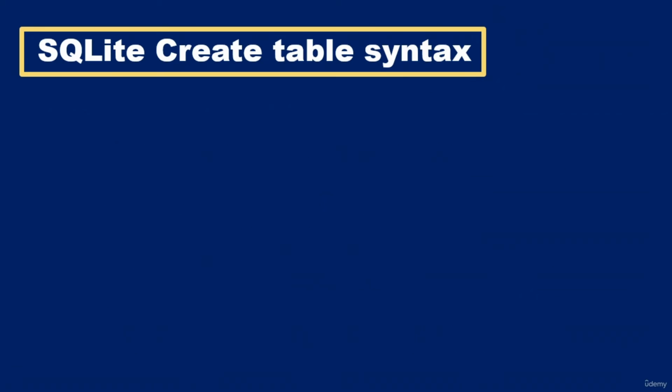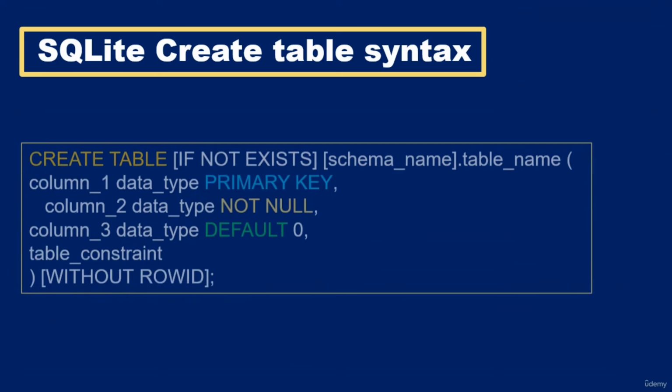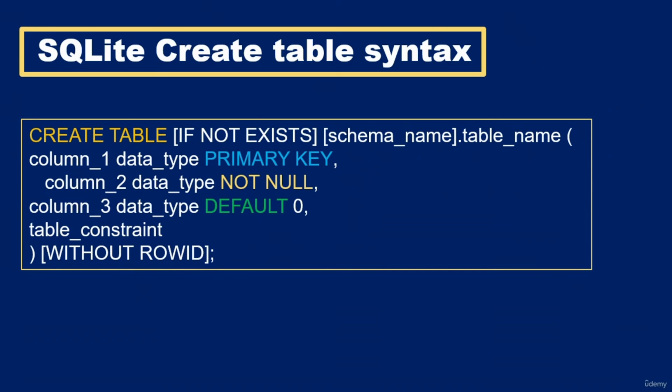Normally you would apply a constraint either when you're creating a table using the create table statement, or after you've created the table, in which case you use the alter table statement. In the sample syntax here, you can see this is a syntax for creating a new table, and I have specified some constraints here, which means that this column has to have the primary key, which is what I've set here.